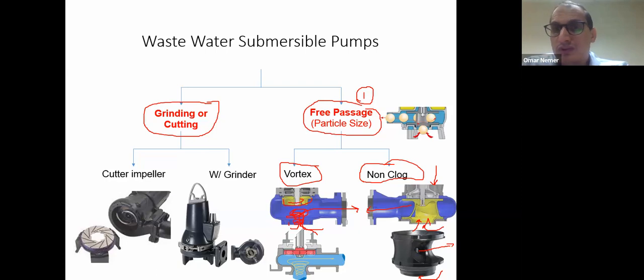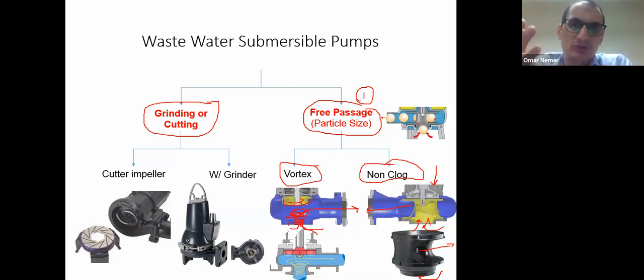Now, both types, non-clog and vortex, have different sizes, okay? But also, how can we know the volume of the particles that they can pump?